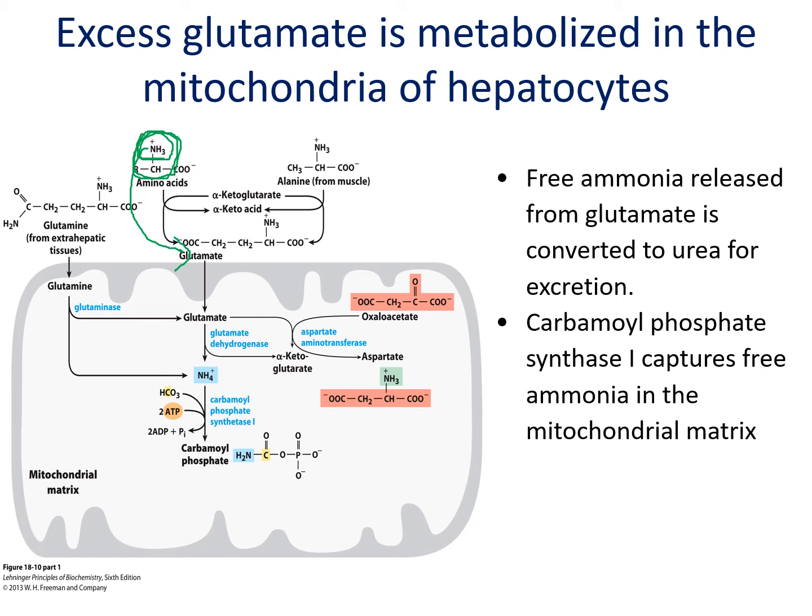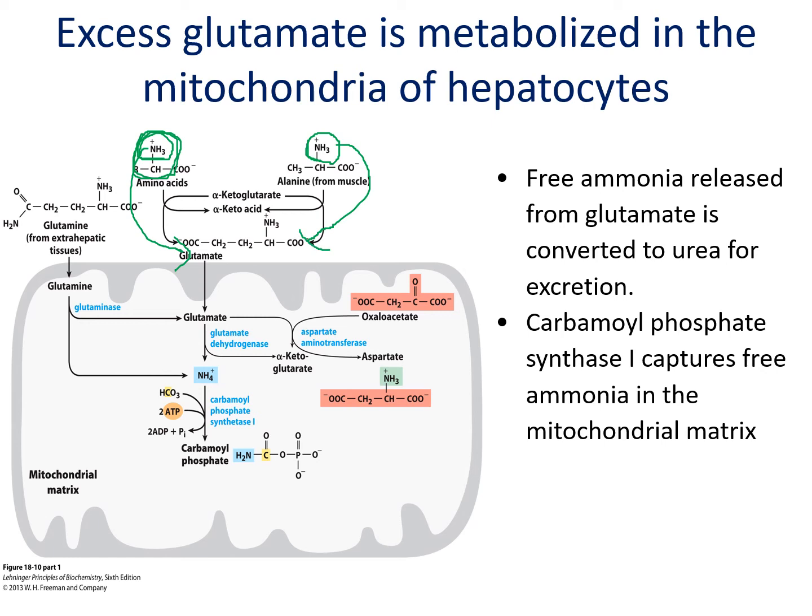If we have too much pyruvate building up in the muscle cells, then we created alanine from pyruvate, and then once we get to the liver, this amino group adds on to alpha-ketoglutarate, and then we have glutamate.